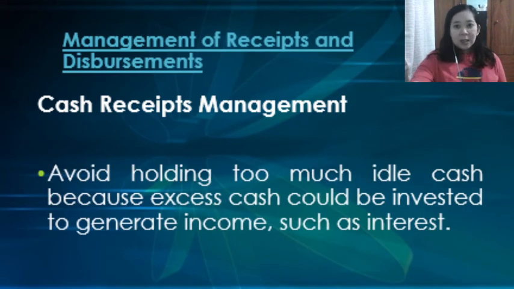The next is to avoid holding too much idle cash. Because if there is excessive cash, this could be invested to generate income, such as the interest from the investment. So it is ideal to have enough cash balance but not too excessive.